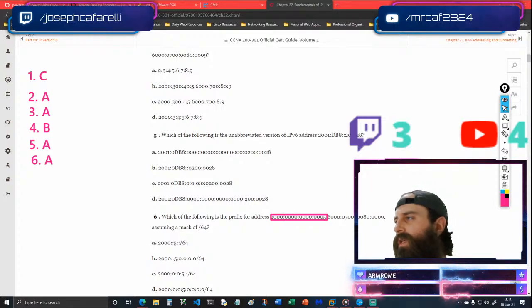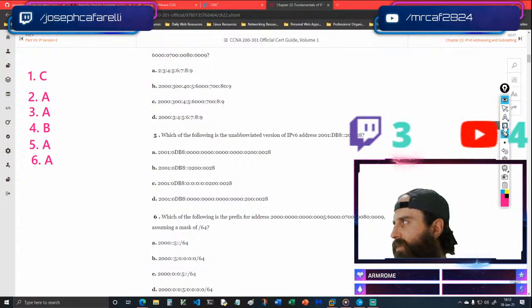But each one of these is representing 16 bits. So 16, and then another 16, and then another 16, and another 16, giving us the subnet mask of 64.